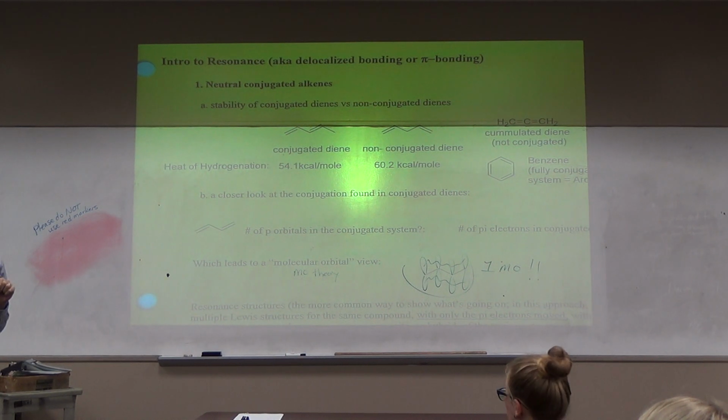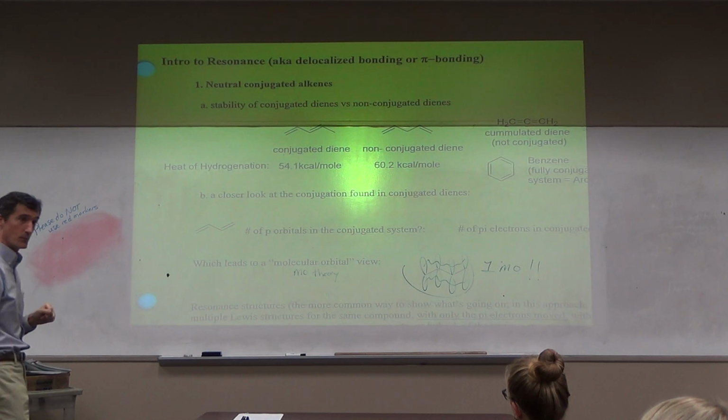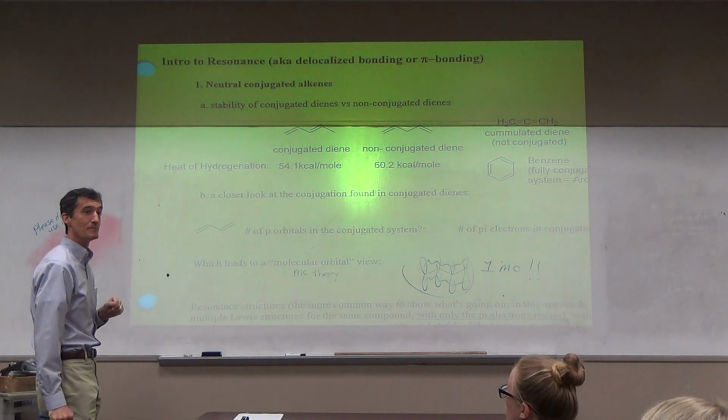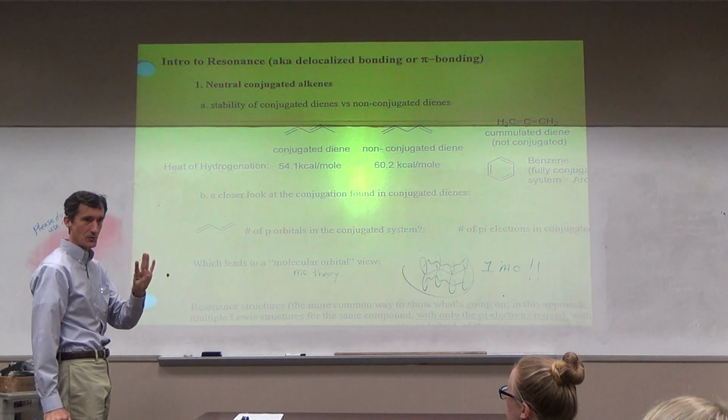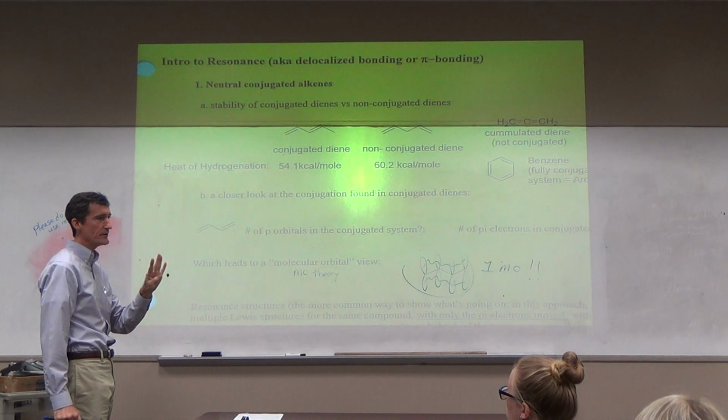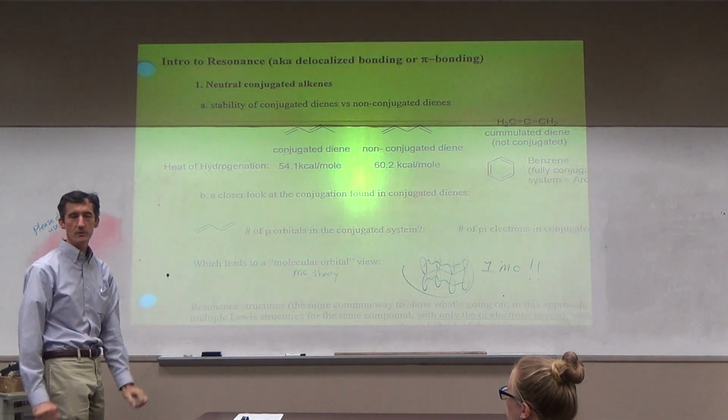And maybe you're confused. I don't blame you. How many orbitals did I circle? See the circle over there? You circled 4. No, I circled 1. 1 molecular orbital. All right. About the molecular orbitals. Yes, it's 4 atomic orbitals, but when you get to the MO theory, you no longer have atomic orbitals.